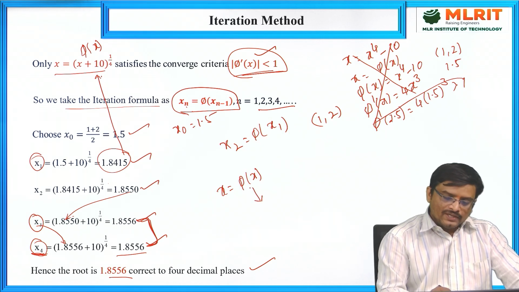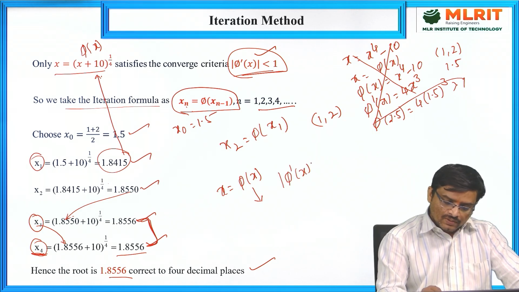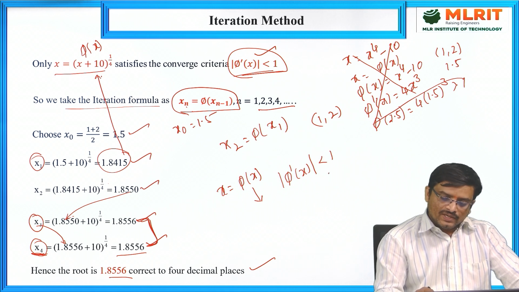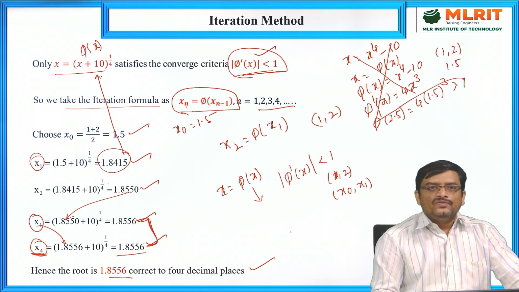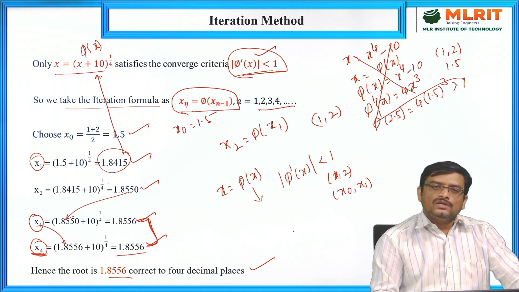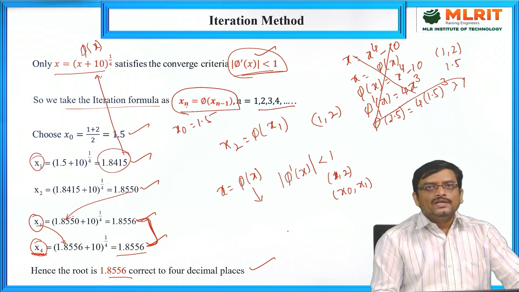In order to consider this phi of x value, this phi of x has to satisfy this condition: modulus of phi dash of x should always be less than 1 in the interval 1, 2, or in general we can consider x0, x1. This is the way we can apply this iteration method and get the required root for the given equation.